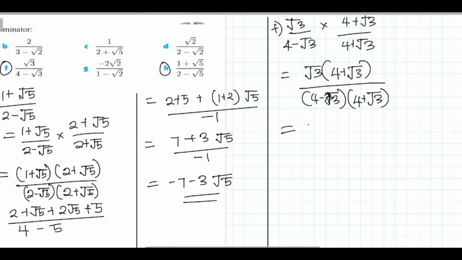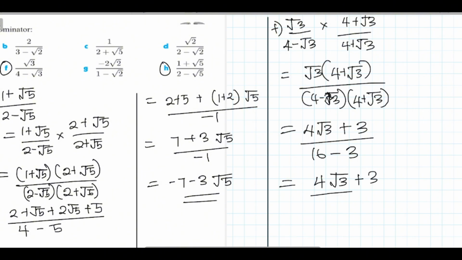So this is 4 root 3 plus root 3 times root 3, that will be 3, all over 4 times 4, that will be 16 minus root 3 times root 3. So that will be 3. We can't simplify the numerator further, so it remains as it is, 3 plus 4 root 3, all over 16 minus 3, so that is 13. So that is the final answer.